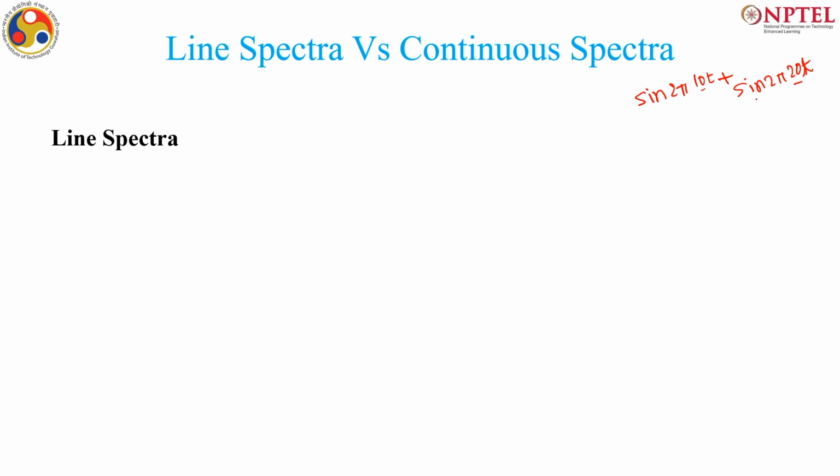If you do the Fourier analysis, we see that the 10 hertz and the 20 hertz components will be present. If I give some magnitude to this, like this is 4 times this and this is 5 times this, so 10 hertz will have a magnitude of 5 and 20 hertz will have a magnitude of 4. Of course, it will be split into positive and negative frequencies, which I will discuss. So, line spectra basically is that.